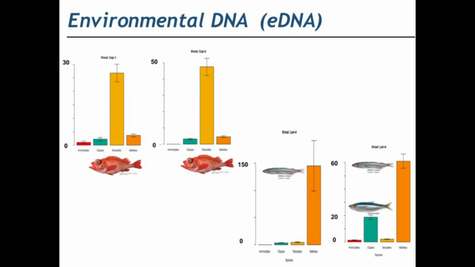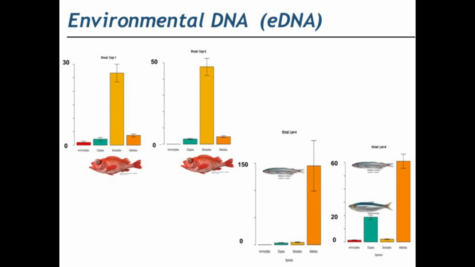So you have two schools here, and the little graph shows the amount of DNA, in terms of number of molecules detected, for the 4 species we were screening. You can see that basically these schools were redfish. What I did not mention is that we also run negatives, taking water samples outside the school, because obviously there will be fish DNA hanging around outside the schools.